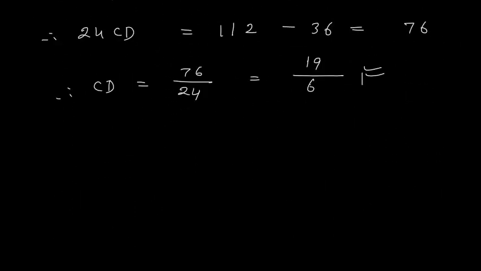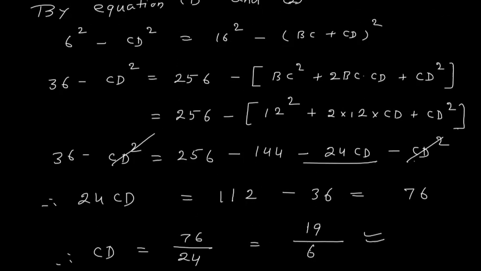What is the unit? Centimeter. So CD is approximately 3.166, or approximately equal to 3.17 centimeter, is the length of CD.